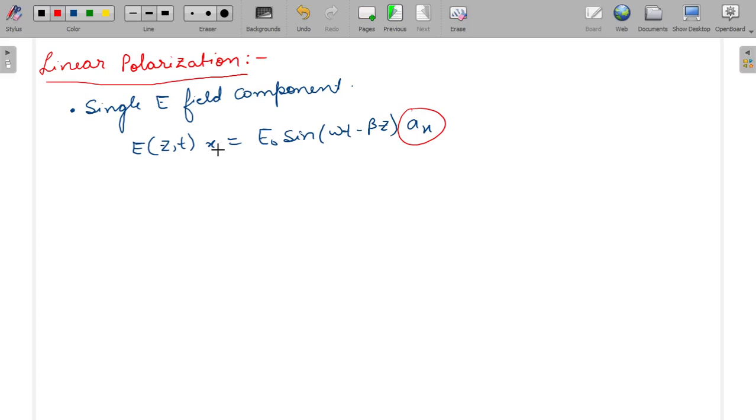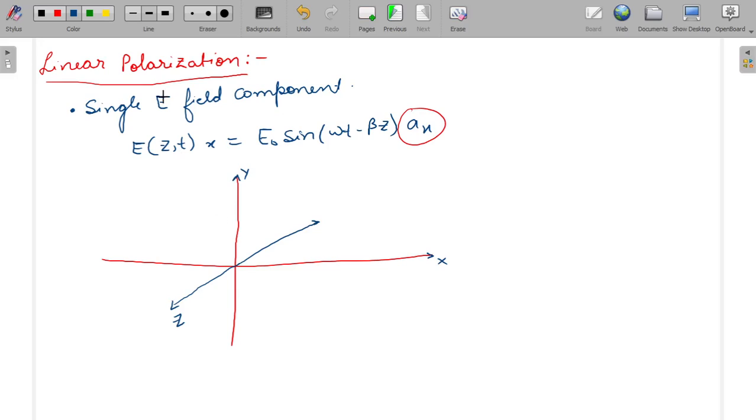So the graph will be like this for this kind of polarization. Let's suppose this is our x-axis, y-axis and z-axis.